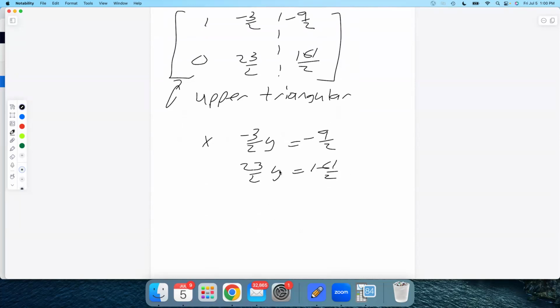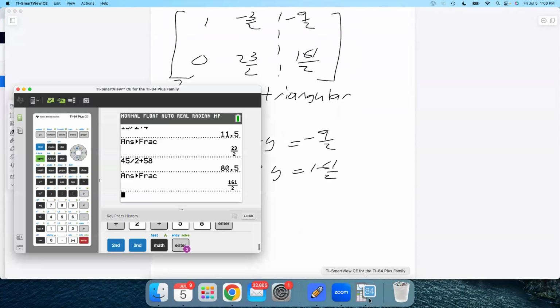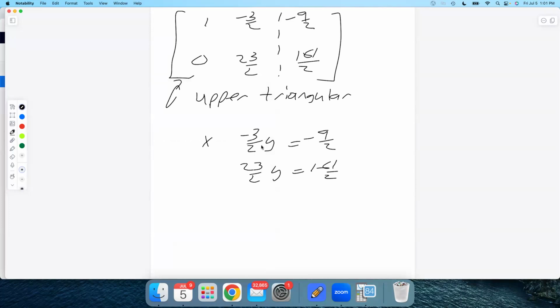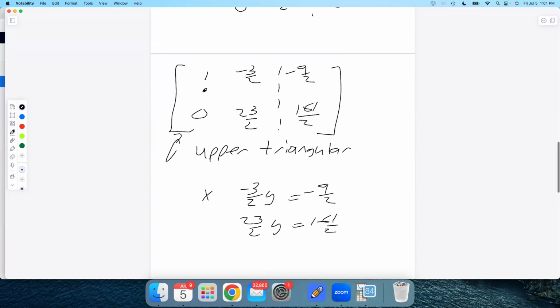Just divide both sides by 23 over 2 or multiply by the reciprocal. That's 161 divided by 23. I'm going to get y equals 7. Plug that in here. Once I get y, back substitute, solve for x. We're done. We're going to get x equals 6. We could solve the system here, and that's our ultimate goal, is to solve the system. But we're going to keep going here.